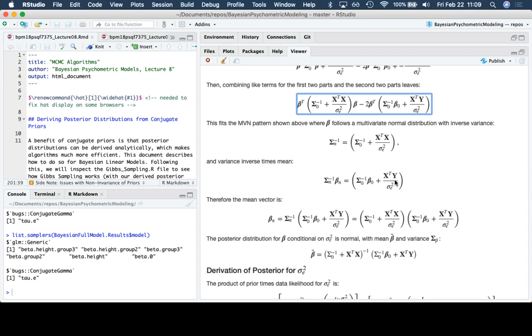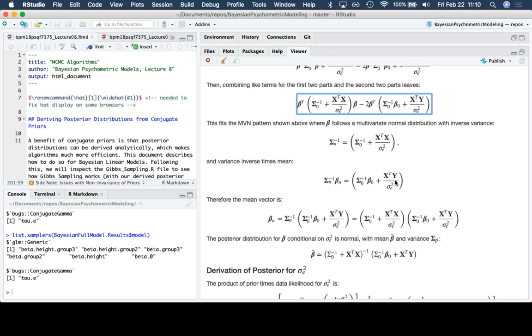Now, all this together means that, conditional on a value of sigma squared, we can go to any step of the chain and we know what sigma squared 0 is, or the sigma matrix 0. This is our inverse original covariance matrix. We have x, we know that. We know our prior mean vector for the betas. We know our prior, and we know this term as well. So at every step of the chain, we know that beta is multivariate normal.